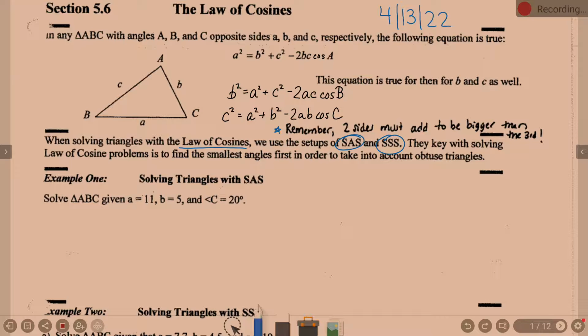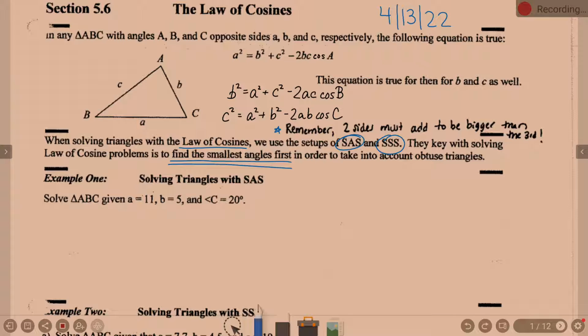The key with solving law of cosines problems is always to find smallest angles first in order to take into account any obtuse triangles. So when you have multiple angles to find, whether it be 2 angles or 3 angles, you will always want to find the smallest angle first.